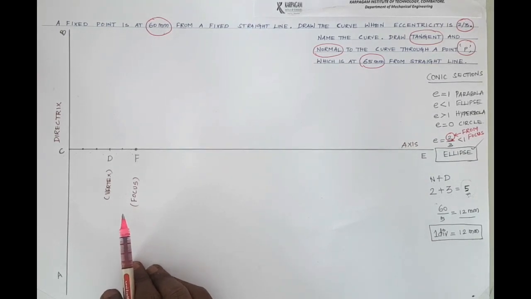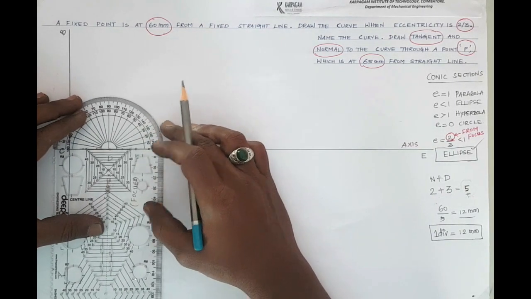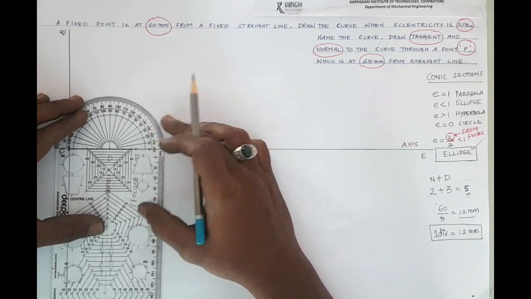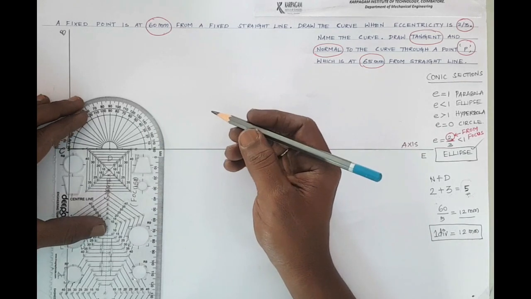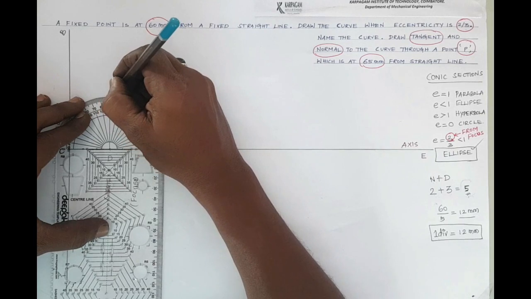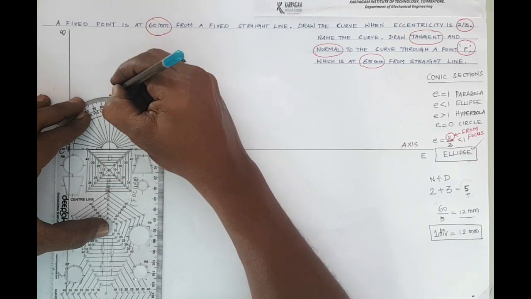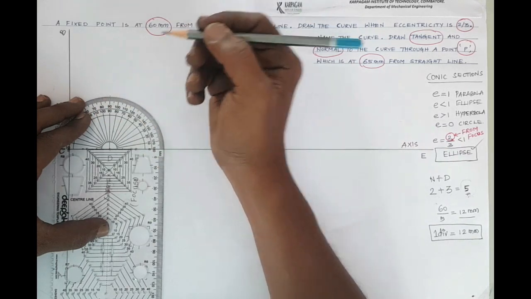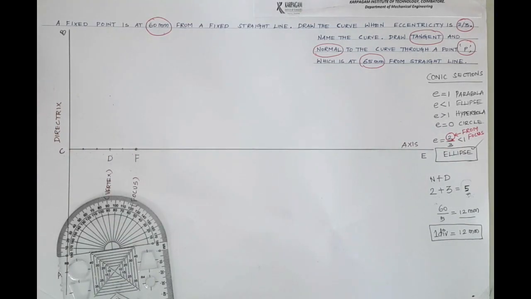Okay. The next step, very easy. Take your protractor, if you have one. And then I need to draw a vertical line from point B. It should be a perfect vertical line. If you have a set square, you can use the set square also.